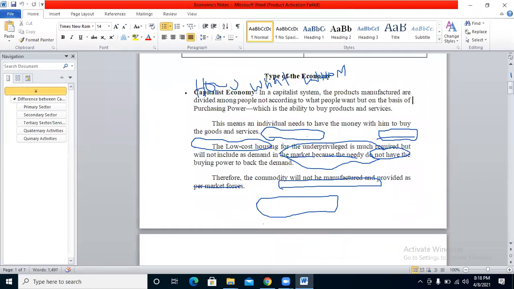In the globe, there are three different economic systems running in different countries. Some countries follow the capitalist economic phenomenon, some countries follow the socialist economic phenomenon, and some countries follow the mixed economy phenomenon.